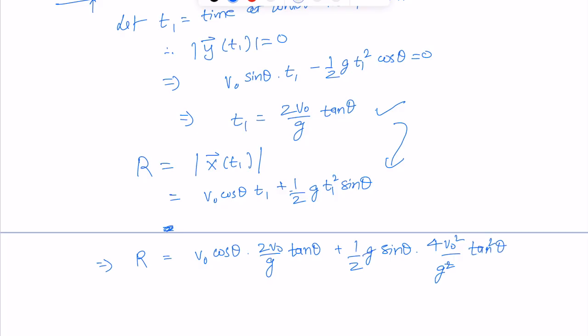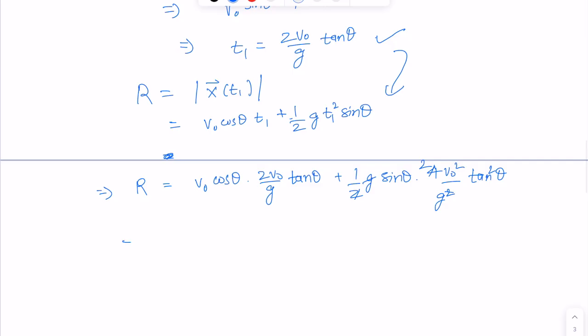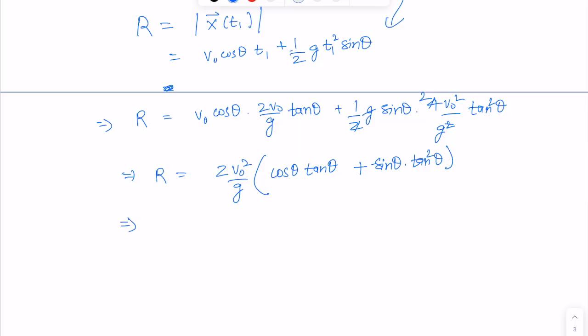This g and this 2 go away, this is 2, so r equals 2 v naught square by g cos theta tan theta plus 2 v naught square by g sine theta tan square theta. R is 2 v naught square by g, and we can take out tan theta as the common factor of the two terms. So this becomes cos theta plus sine theta tan theta.